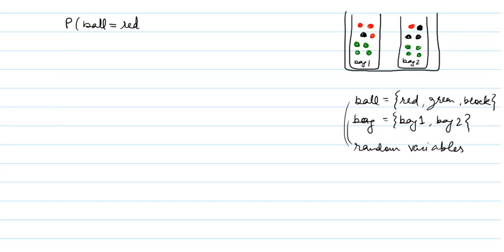So P of ball is equal to red can be calculated by ignoring the internal representation of these bags. We just ignore that there is some internal representation, and then we calculate the number of red balls collectively divided by the total number of balls.